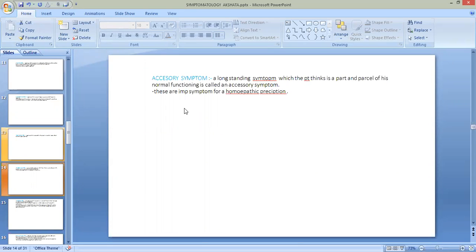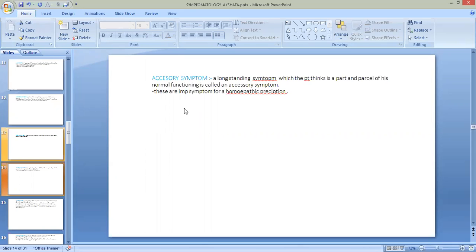For example, normally the bowel habit should be 2 times, but if after eating anything the patient has to go to the toilet, and this is since long time, since childhood, since the patient was 3 to 4 years old, and now the patient is 50 years old, but this is the habit since his childhood.